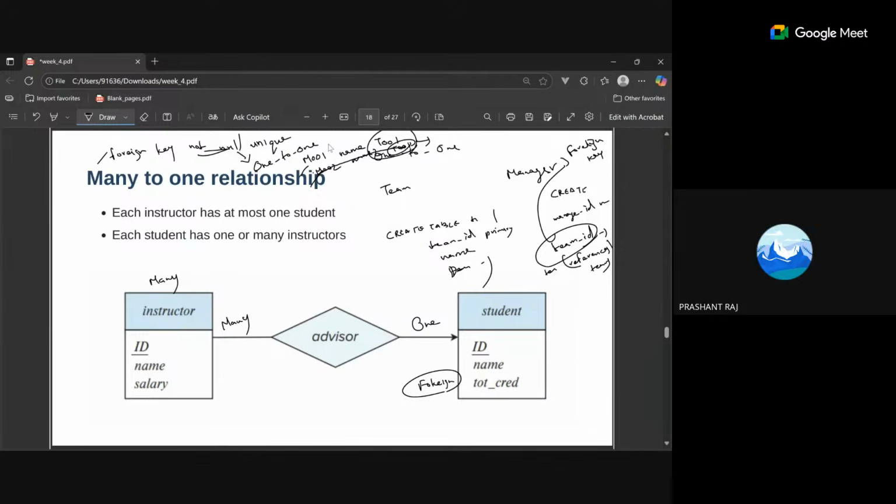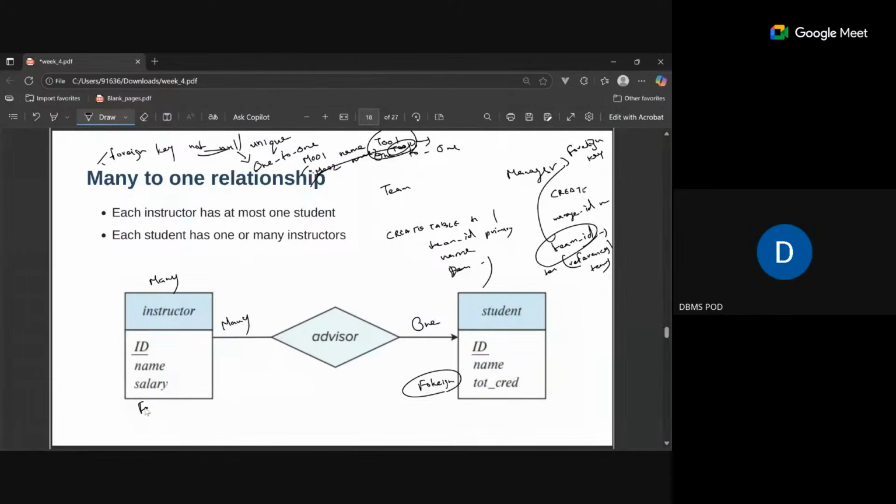So, sir, can't we define the many-to-many relationship in the same way? No. This ensures 1-to-1, 1-to-many, or many-to-one, because it uses two tables. If you take many-to-many, how do you ensure it?